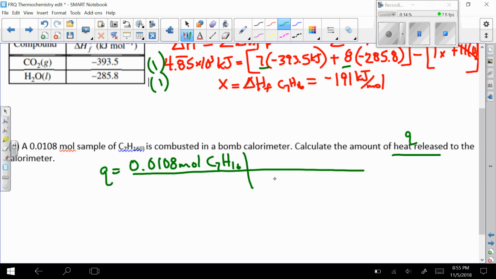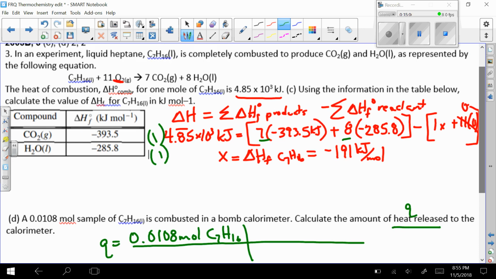You know that when you combust it, you release a certain amount of heat. In fact, if you combust 1 mole of this heptane, you release 4,850 kilojoules of energy. Then you know how much energy is released there.